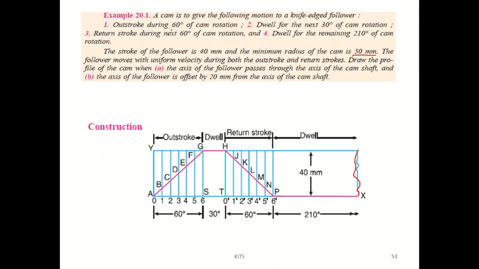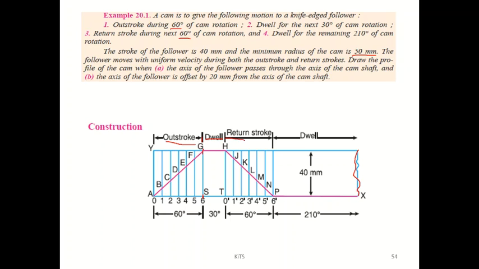Outstroke is 60 degrees, return stroke is 60 degrees. This is very important. Out of 18, first 6 centimeter for outstroke. Dwelling is 30 degrees, so next 3 centimeter for dwelling.